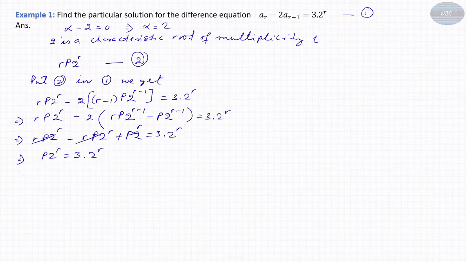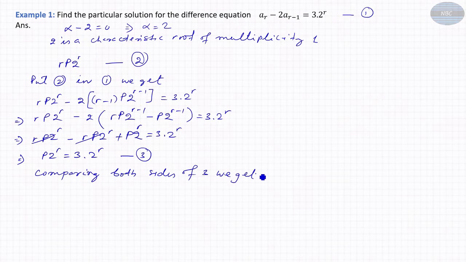Now comparing both sides of this equation 3, we get p is equal to 3.